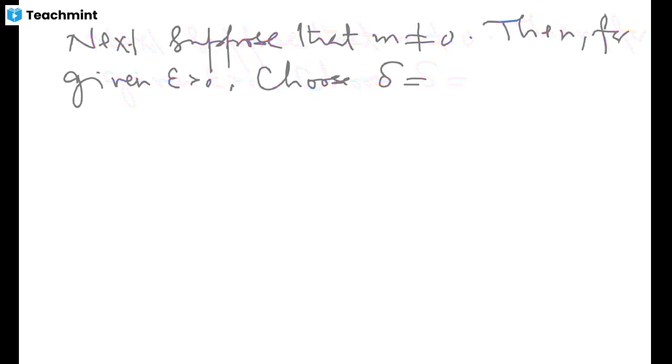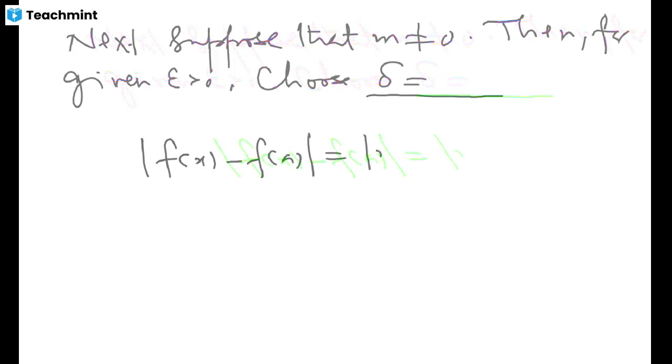So note, I have to choose delta in such a way that when I compute f of x minus f of a, which is actually m of x plus b minus m of a minus b, which comes out to be m times (x minus a).